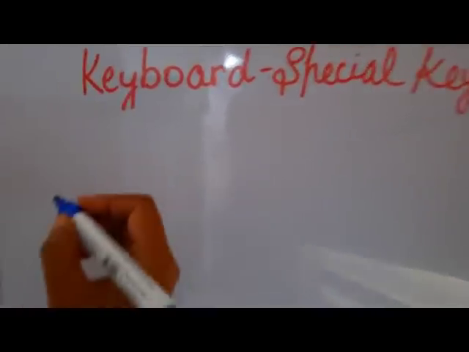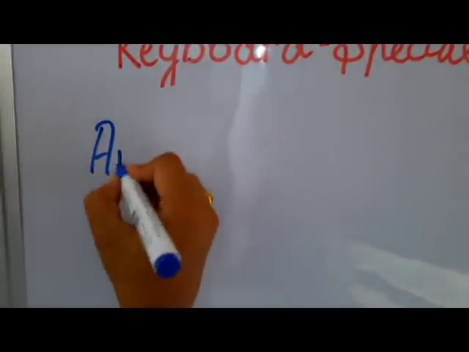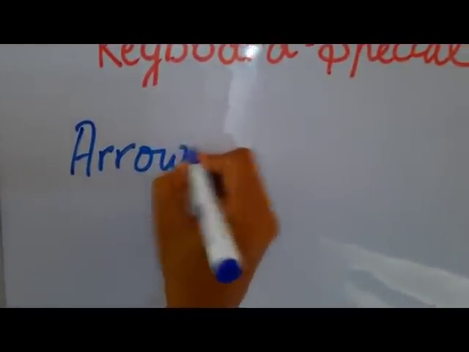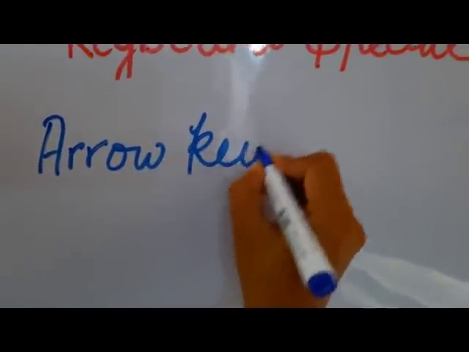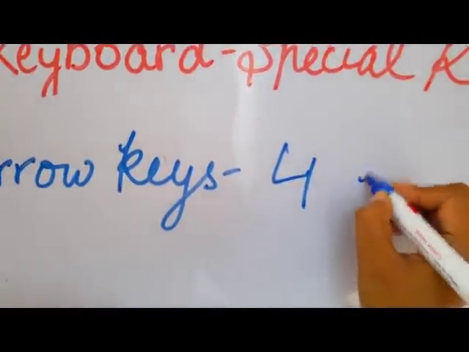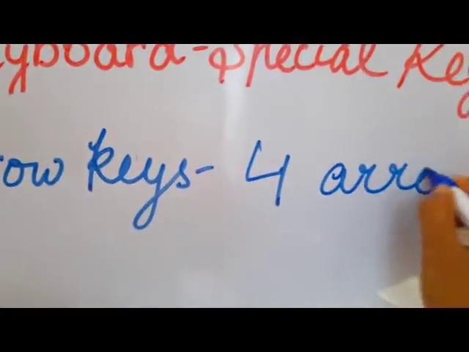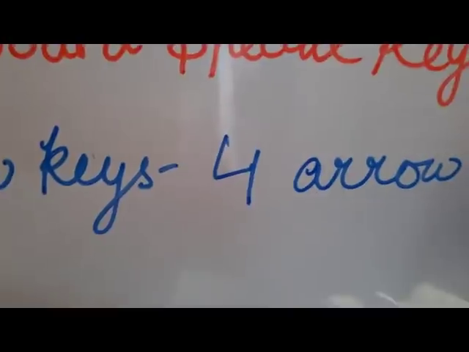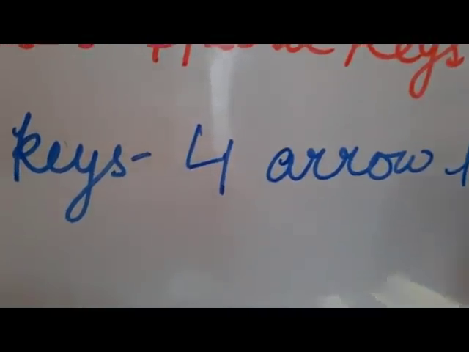After the enter key, we learnt about the arrow keys. So how many arrow keys do you have on a keyboard? You have 4 arrow keys on a keyboard.